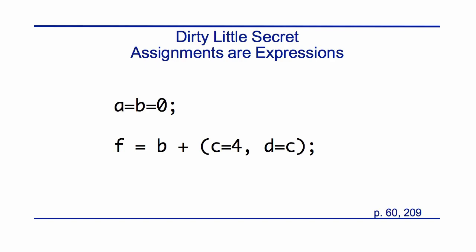More generally, C has the concept of a compound expression. By enclosing a sequence of expressions within parentheses and separating them with commas, a sequence of expressions can be evaluated.